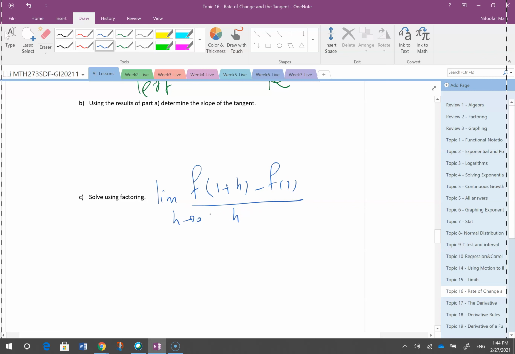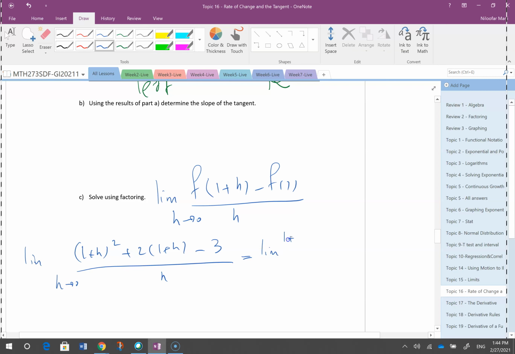What is my function? Okay, x squared plus 2x, yes? So the limit of (1 plus h) squared plus 2 times (1 plus h) minus 3, divided by h, as h goes to 0.